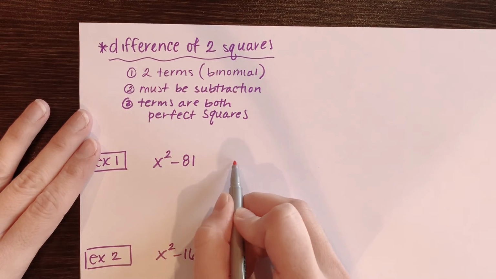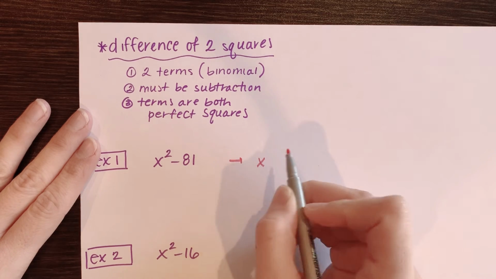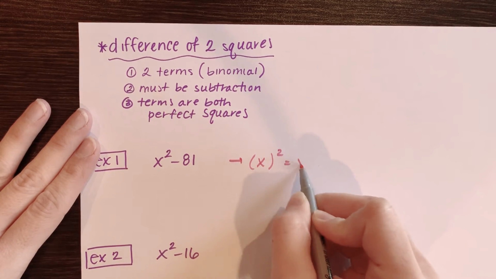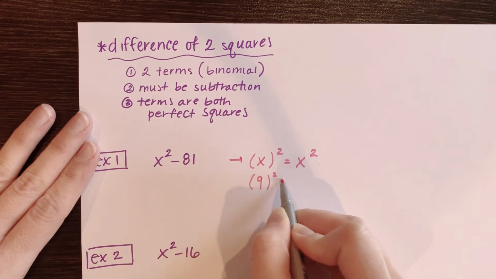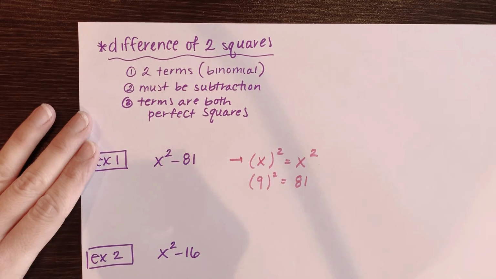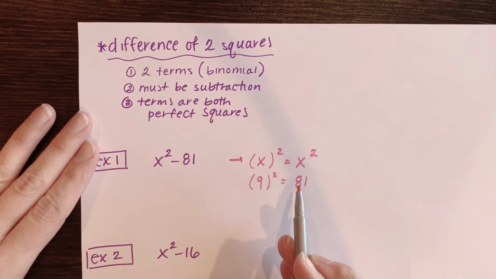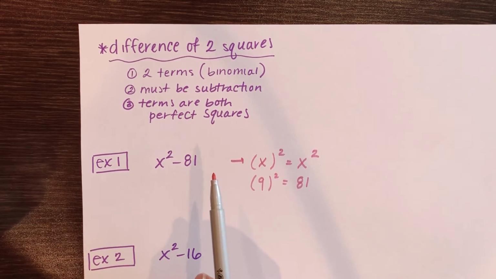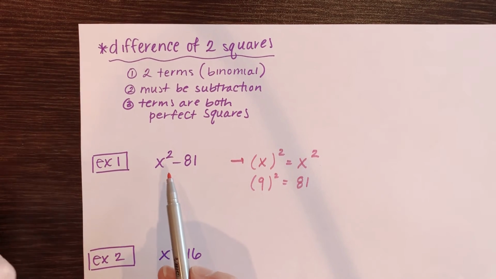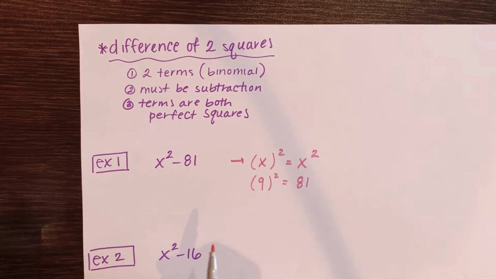So this is kind of just off to the side. This is my thought process. X squared gives me x squared, and 9 squared gives me 81. So both x squared and 81 are perfect square terms. So I have two terms, both perfect squares with a minus sign in between. This is the difference of two squares.